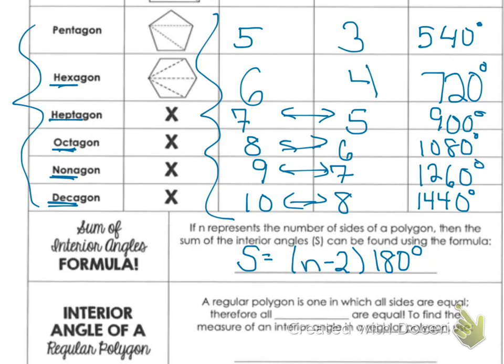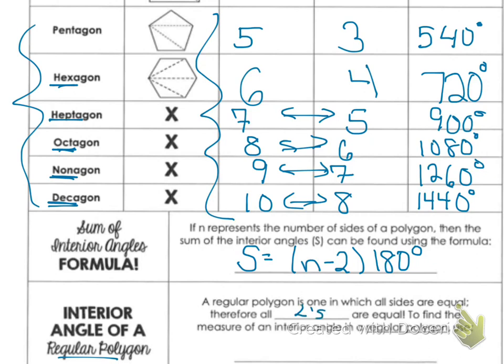We can also find then, if it's a regular polygon, we can always find the angle of one of those interior angles. So a regular polygon is one in which all sides are equal, and therefore all angles are equal.